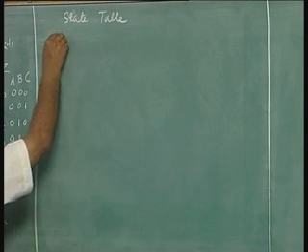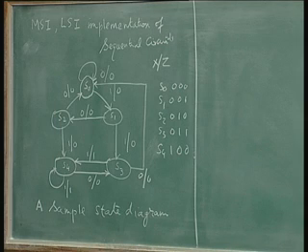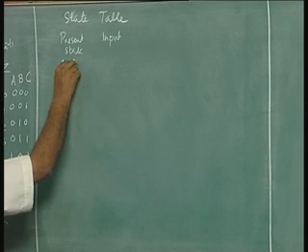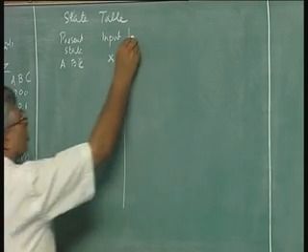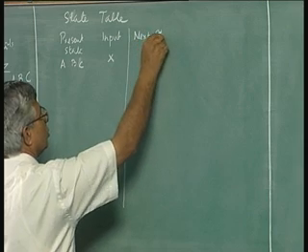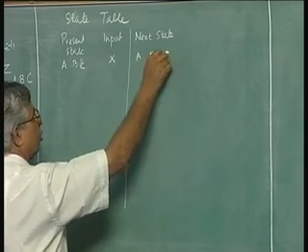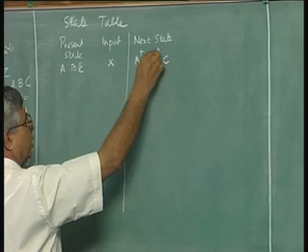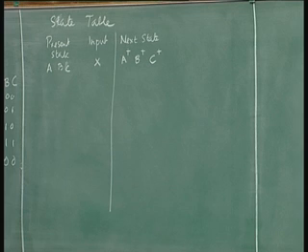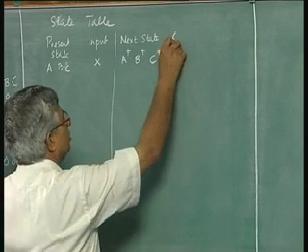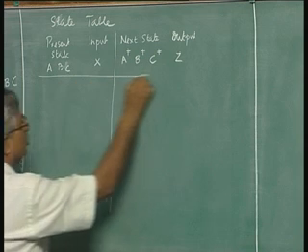So what are the various things you will write in the state table? The present state variables A, B, C, the input variable X, then the next state A, B, C. To distinguish between the present ABC and the next ABC, we will put a plus sign, meaning the values of ABC after the clock pulse, and then the output Z. So, let us quickly write this.